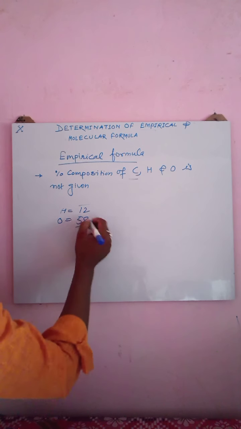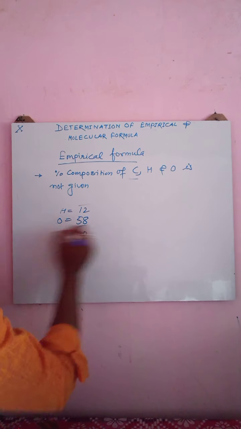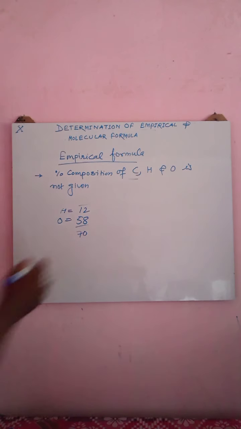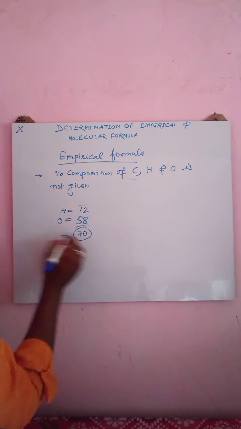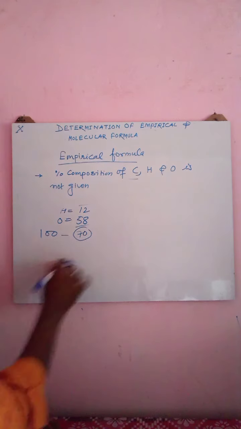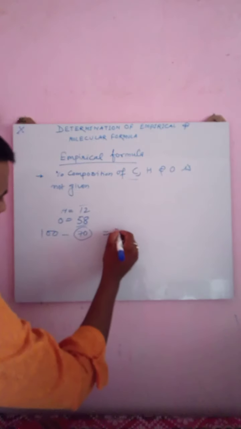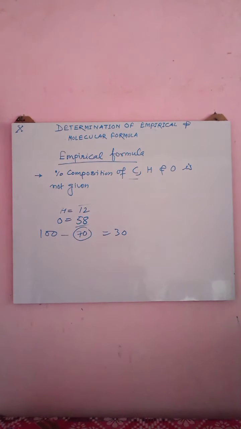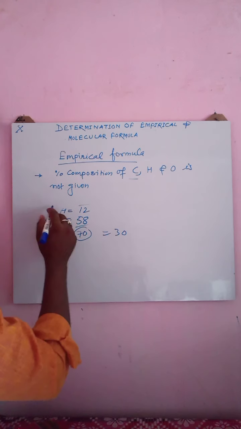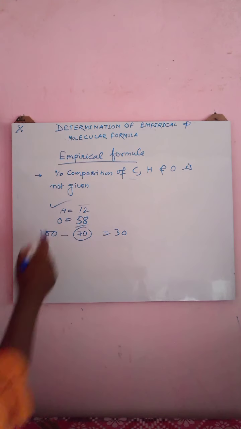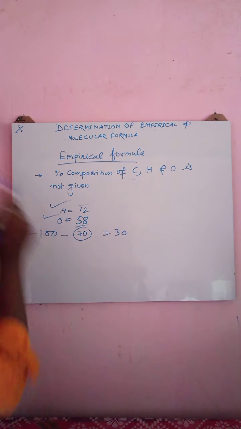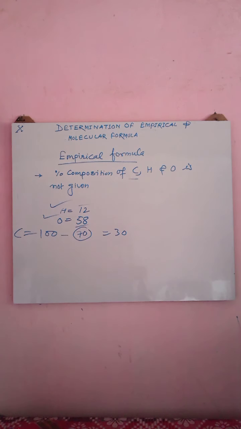So 12 plus 58, it will be 70. Then this 70 will be subtracted from 100. Whatever you get will be the percentage of carbon present in that compound. It will be 30%. So it means the numerical is telling about percentage composition of hydrogen, oxygen and carbon too.